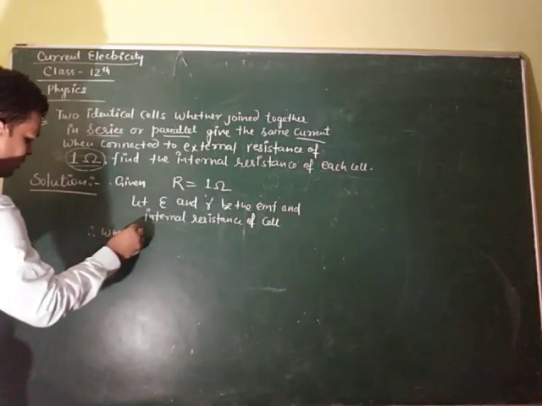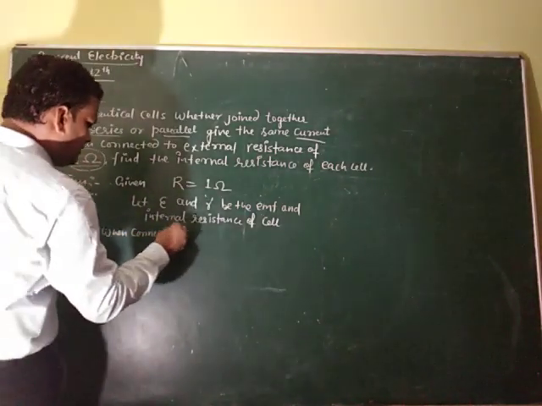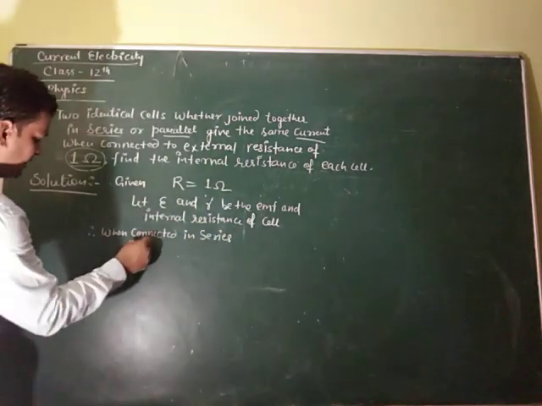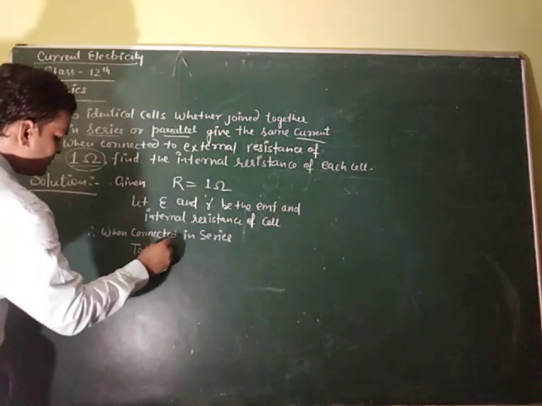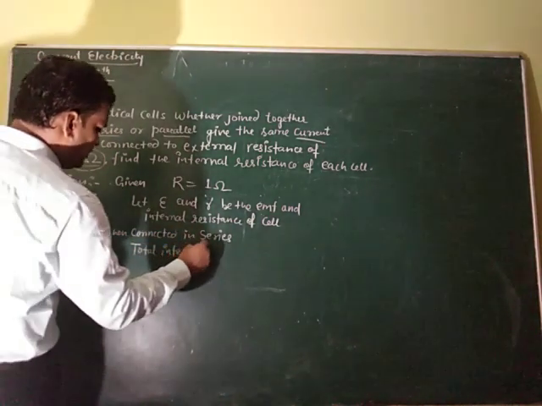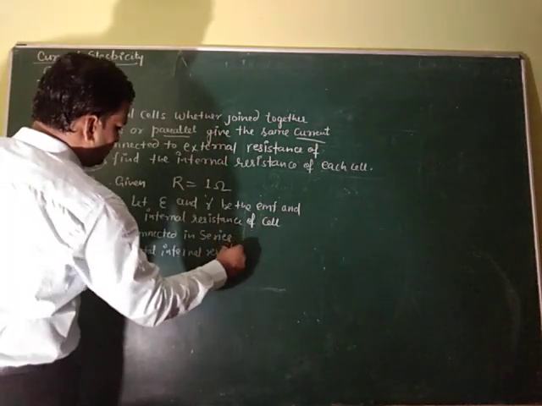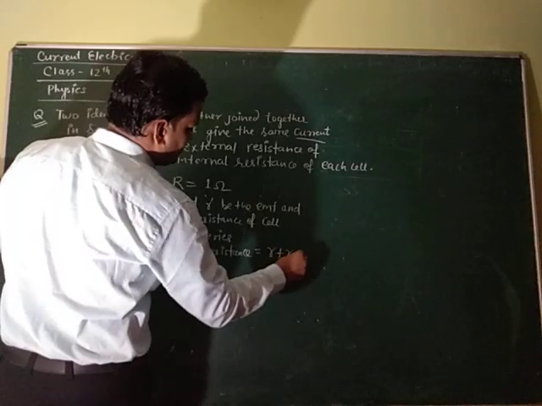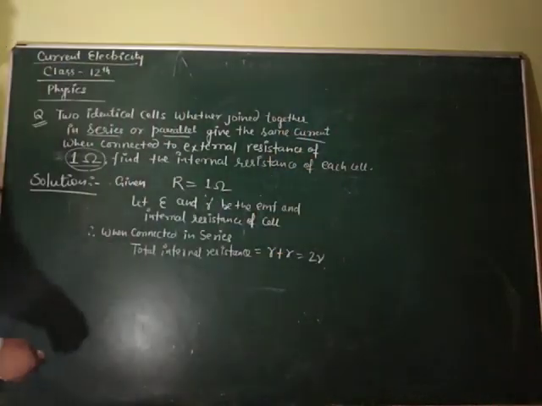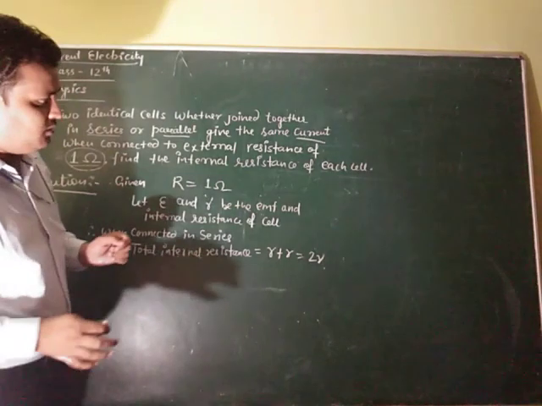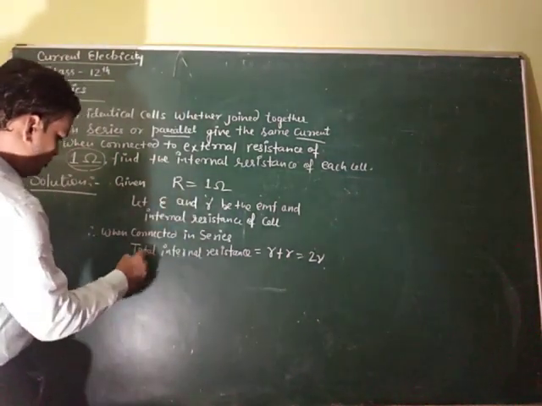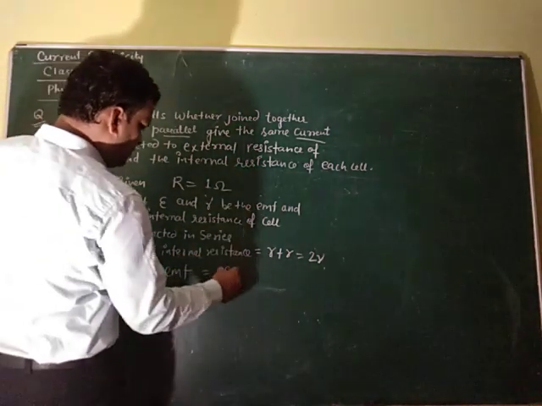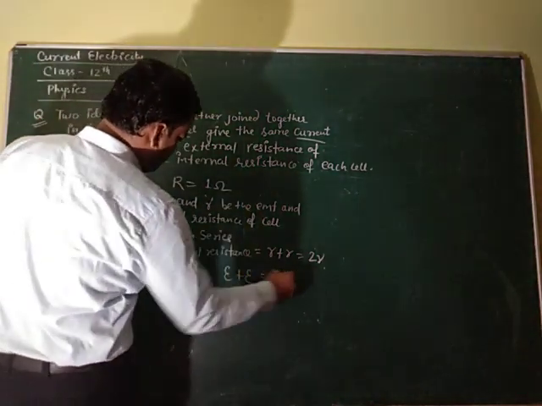Therefore we can write, when connected in series, total internal resistance is equal to r plus r is equal to 2r, and then total EMF is equal to E plus E is equal to 2E.